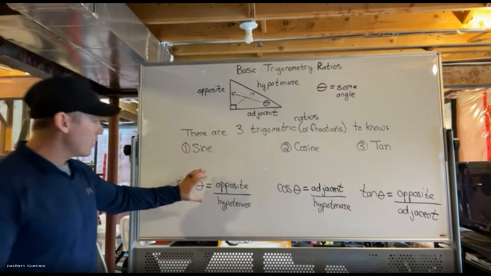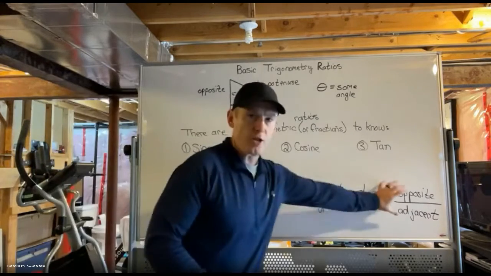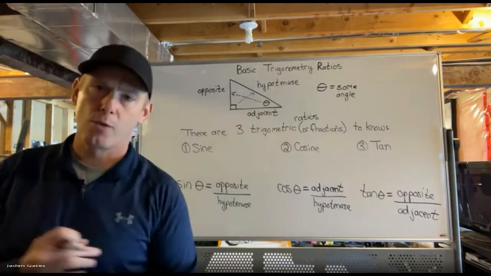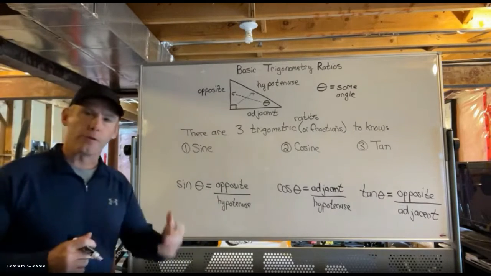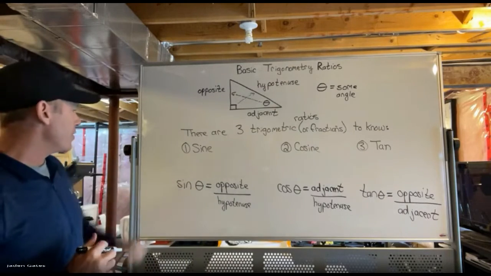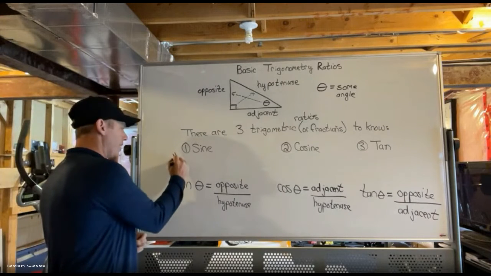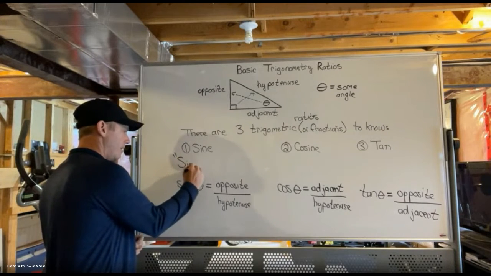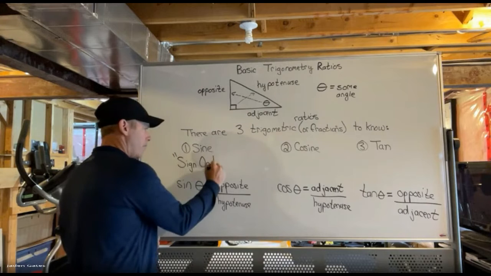Now, you have to remember these three ratios, but I have a little trick to remember them. I use little phrases. And for the sine ratio, what I use is the phrase sine on highway.